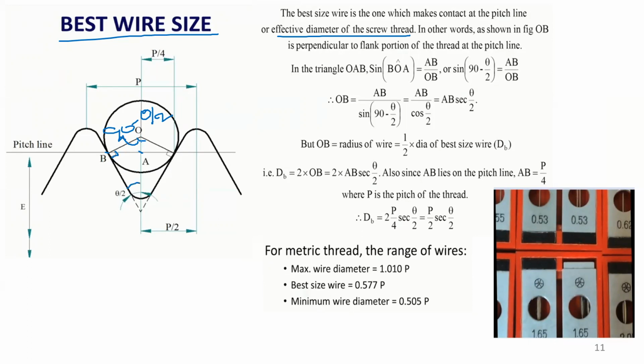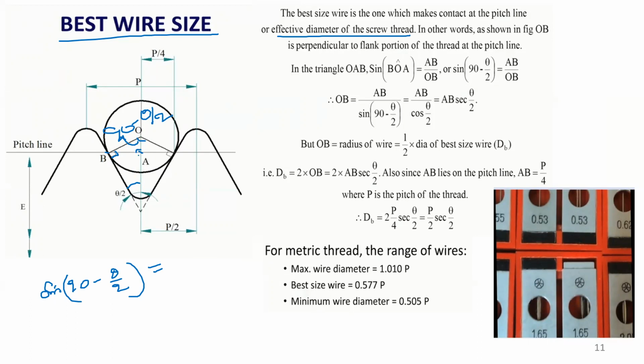So this angle is theta by 2 and this makes an angle 90 minus theta by 2. From this, what is sine 90 minus theta by 2?